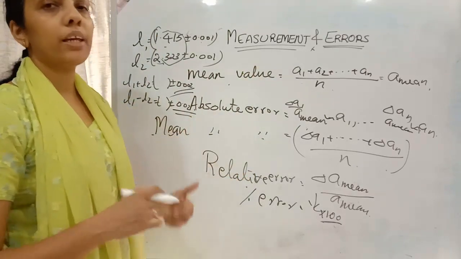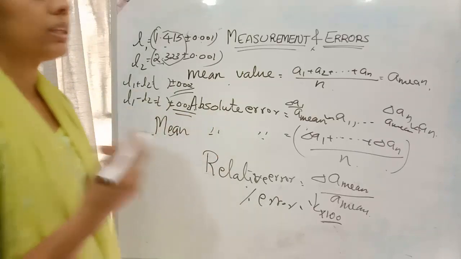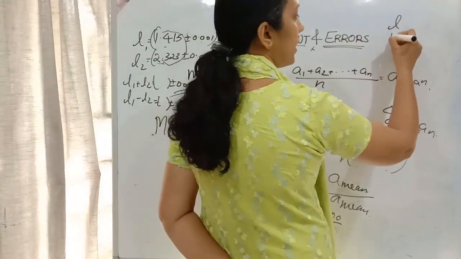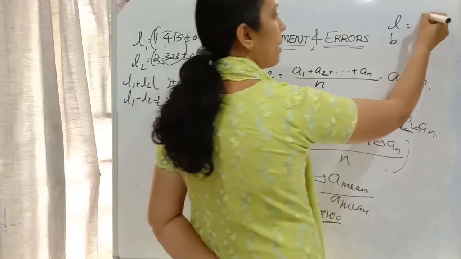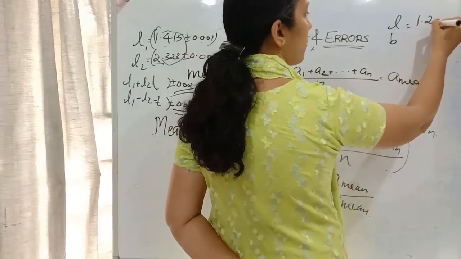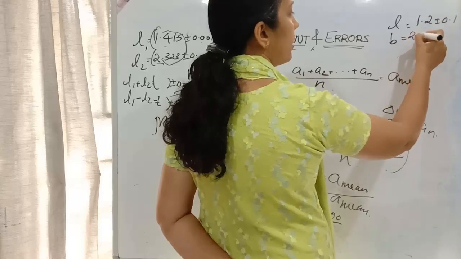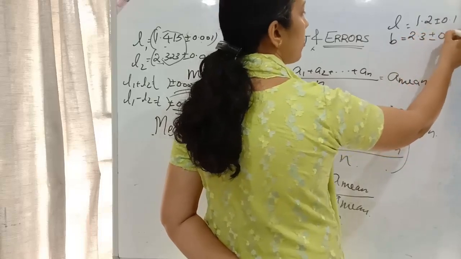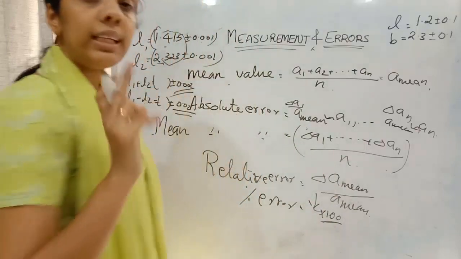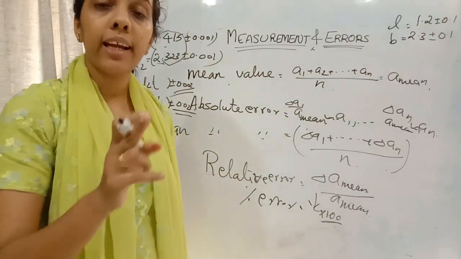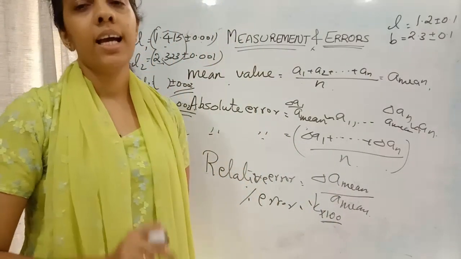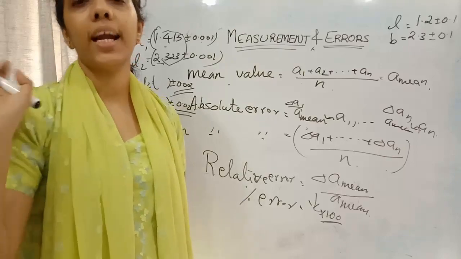But in the same way, when we are multiplying two numbers, length into breadth, where L equals 1.2 plus or minus 0.1 and B equals 2.3 plus or minus 0.1, in these cases we should take the relative errors. Relative errors should be added up.